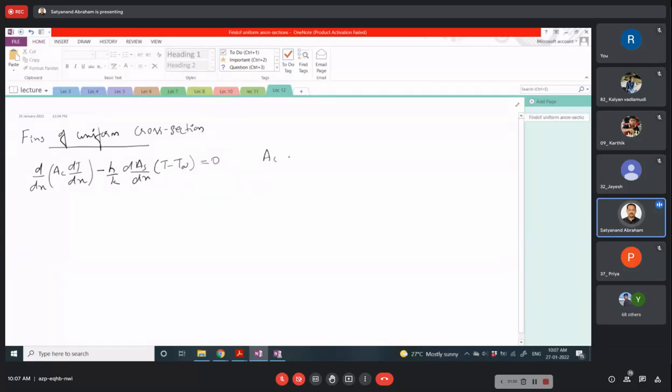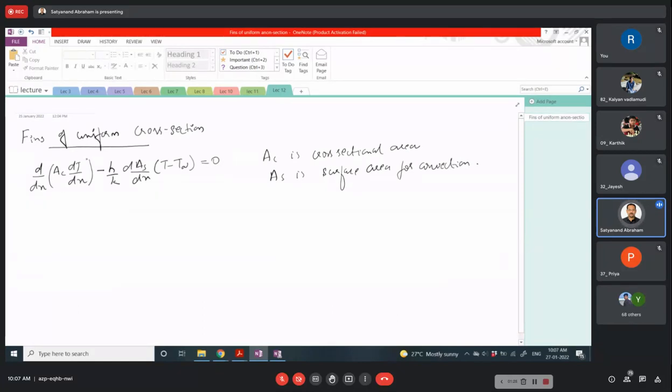So Ac is the cross-sectional area, right? Ac is the cross-sectional area, and As is the surface area for convection, right? So that's where we stopped in the last class.